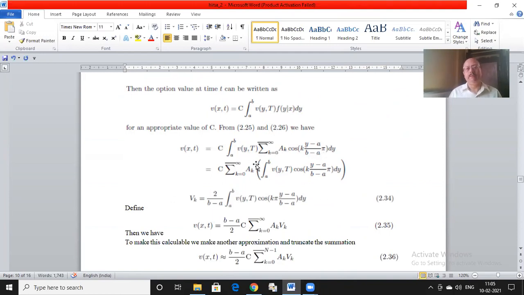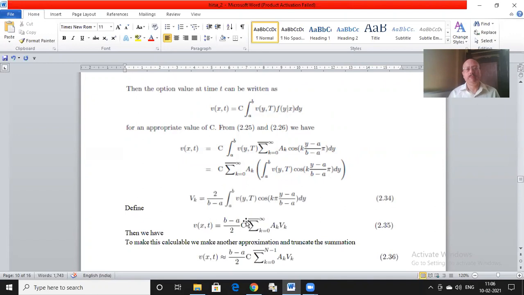One can show that I can actually interchange this summation and the integral. And I write this as summation ak, and this whole integral inside is the contribution of the terminal payoff. All right. So this is my expression using the cosine series expansion, which we will be using for computation.